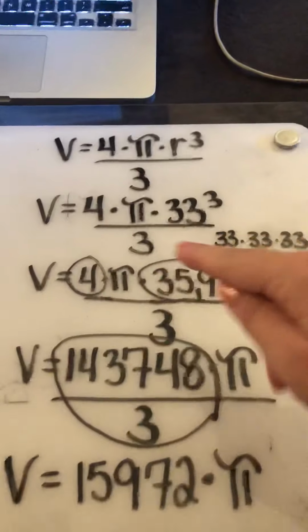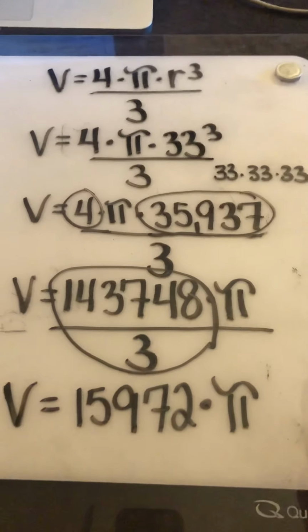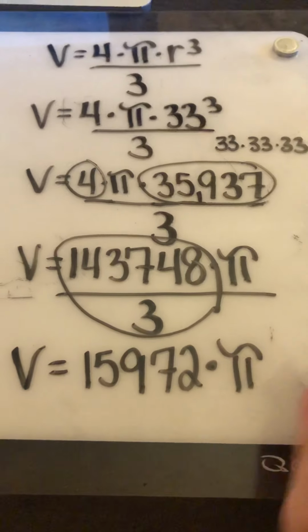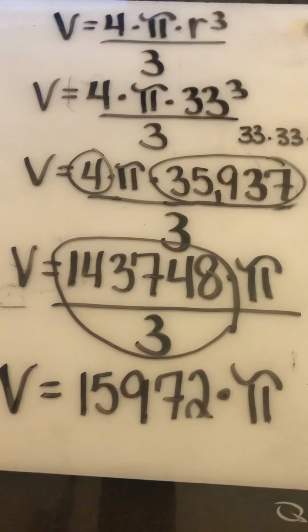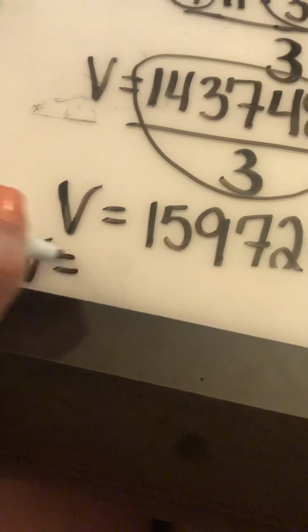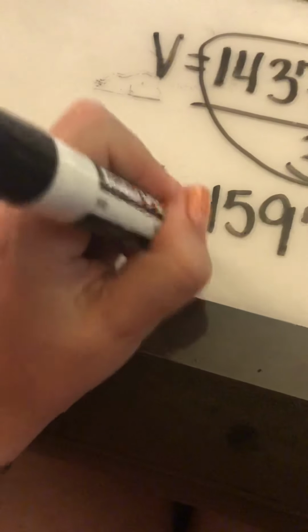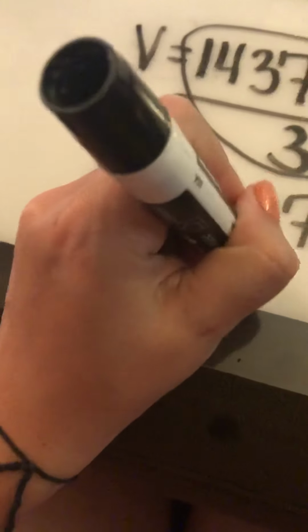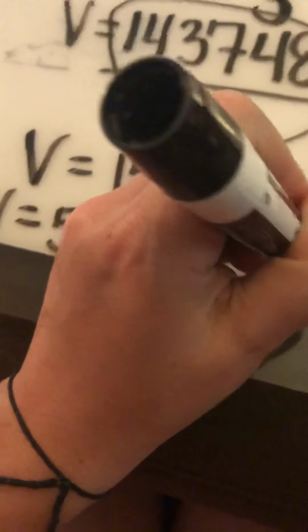That's why you do all of the operations and just keep pi dropping down as you do those other operations until the only thing left you can do is multiply by pi. Then once that's your final step, we'll do that multiplication. We're going to get V equals 50,177.51786 and so on.